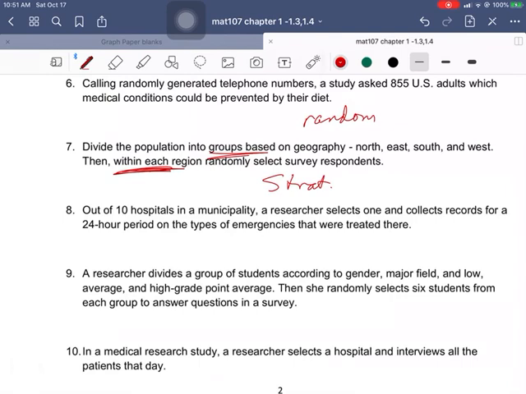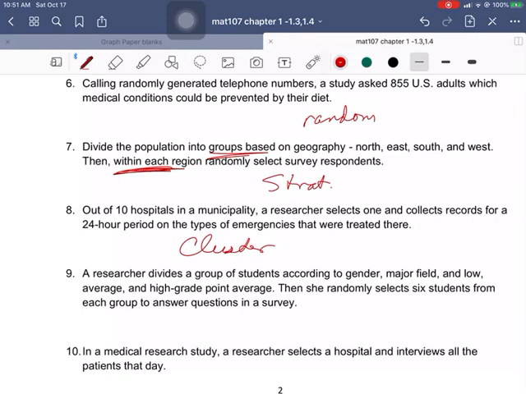Out of 10 hospitals in a municipality, a researcher selects one and collects records for a 24-hour period. So out of 10 hospitals, they pick one and get all the records for 24 hours. So that's a cluster. So group first, they were grouped. Each hospital is a group. There's 10 of them. You choose one hospital, get them all.